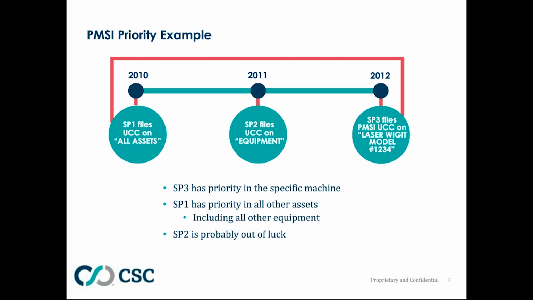And then in 2012, secured party 3 files a PMSI UCC on a laser widget model. So very specific. What this tells us is that secured party 3 has priority in the specific machine, the widget. Secured party 1 has priority in all other assets, including all the other equipment. As a consequence, secured party 2 is probably out of luck.